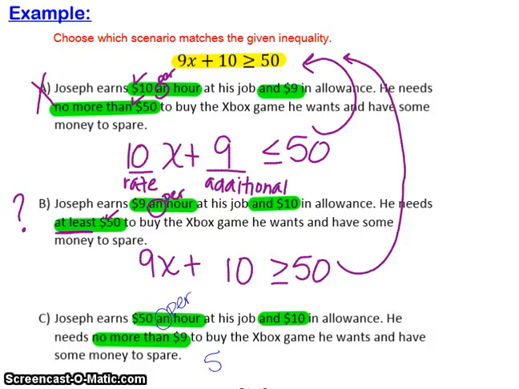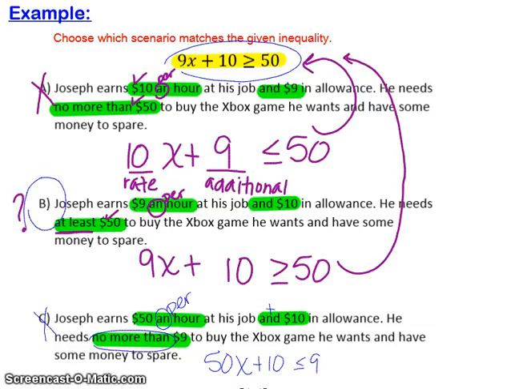So I have 50x. The word "and" tells me to add. And no more than. So I don't want to get any more than, so I need a less than or equal to, and 9. So 50x plus 10 is less than or equal to 9. So I'm looking up here, and it does not match that equation. So I know that C is not it. So B has to be my correct answer.